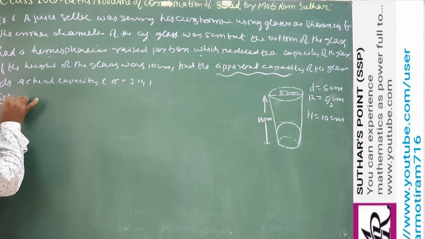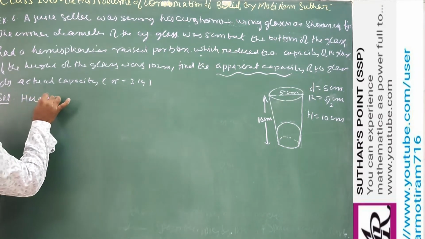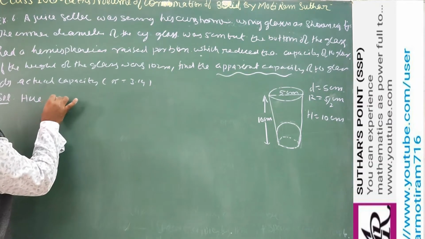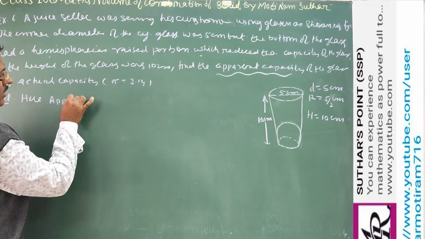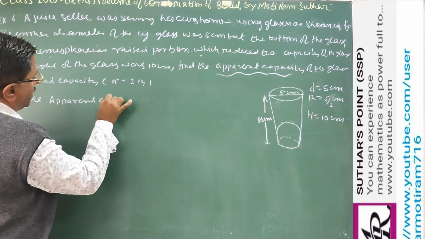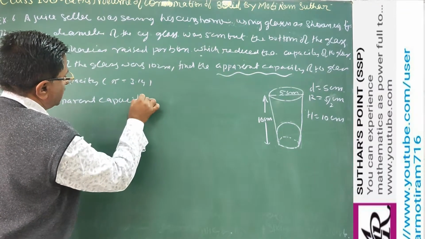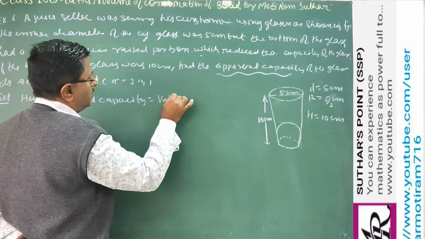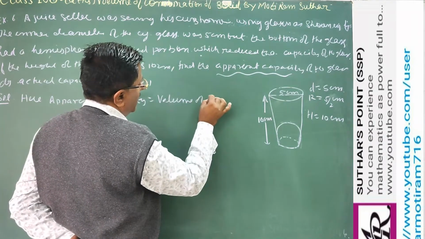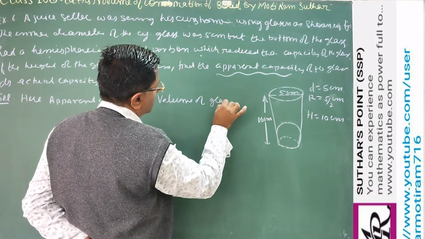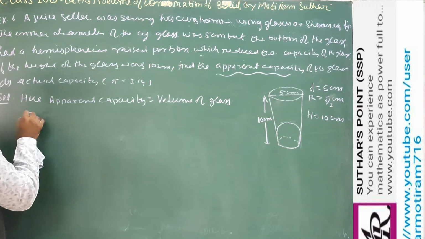So solution, here we have to find the apparent capacity. That is the volume of the glass or volume of the cylinder.